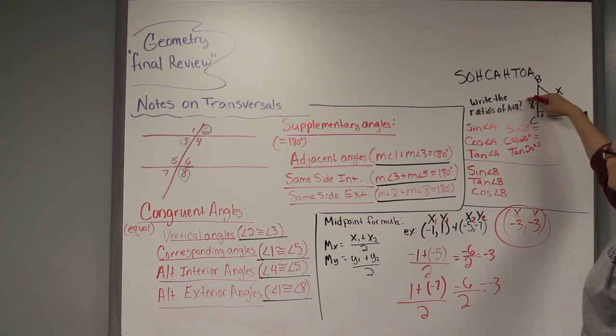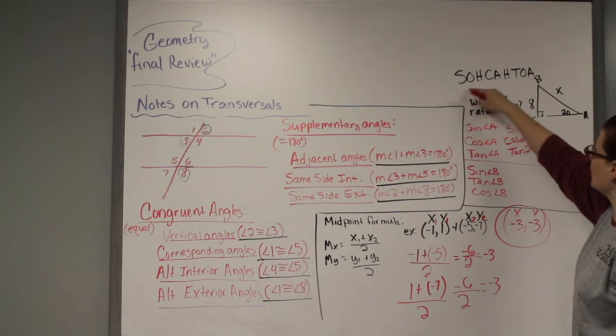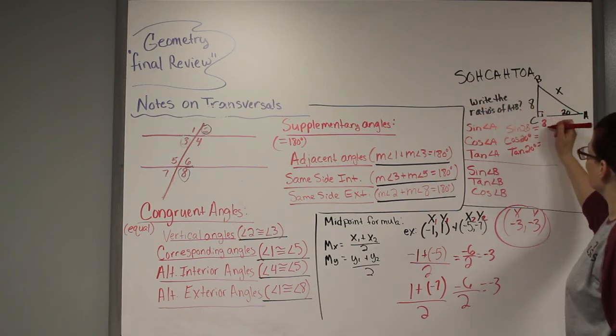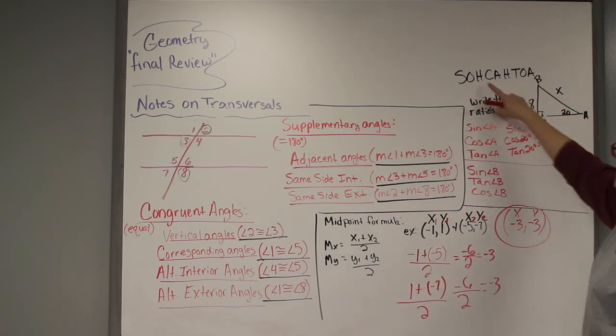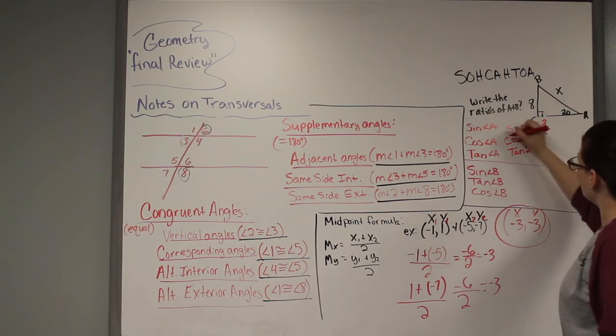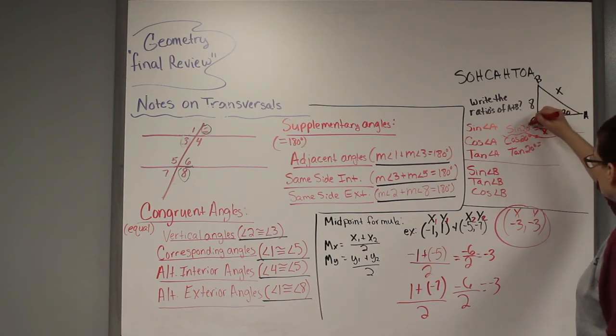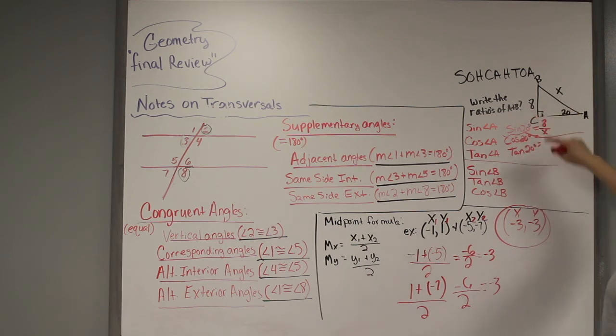So the opposite would be the 8, because the O comes first, the 8 goes on top. And then the H stands for hypotenuse, which is always across from the right angle, so that would be X. So my ratio there would be sine of 20 degrees equals 8 over X.